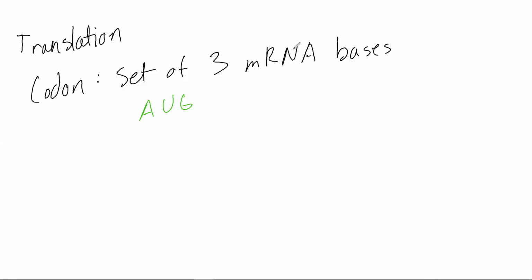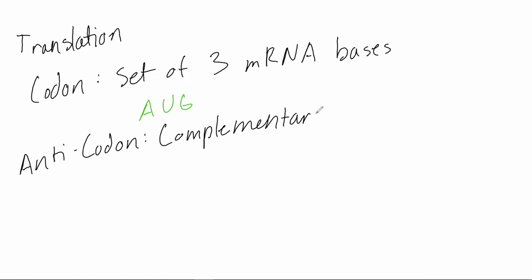An anticodon is the complementary tRNA bases. So to figure out what the anticodon is, we'll use AUG again as an example.